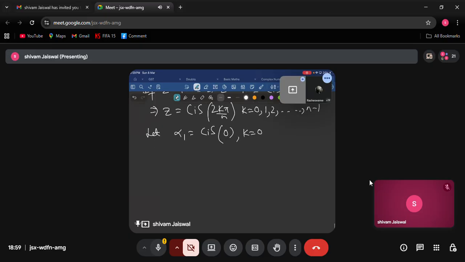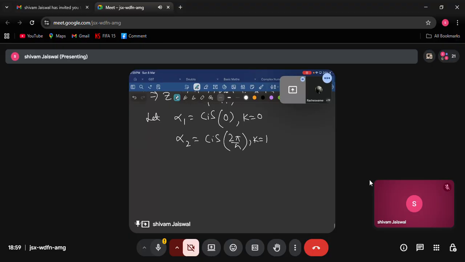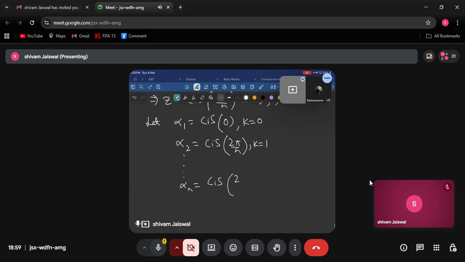Alpha 2 is equal to cis 2 pi by n, for k equal to 1, and so on. Let us say the nth root is equal to cis 2 into (n minus 1) pi by n, for k equal to n minus 1. Is it clear, everyone? I have taken the roots alpha 1, alpha 2 up to alpha n.